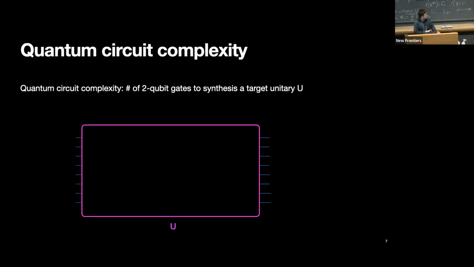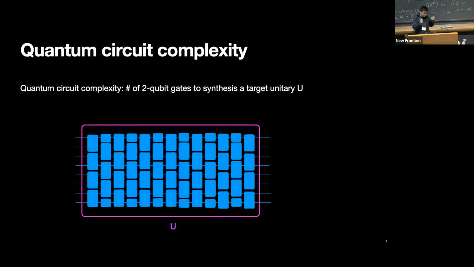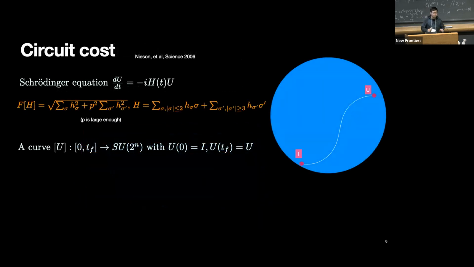For example, here is a big unitary on the n-qubit system, and we would like to use these small unitary gates to approximate or generate this big unitary. So this is the definition of quantum circuit complexity. And back in 2006, Michael Nielsen and his collaborators proposed a new complexity measure called circuit cost.